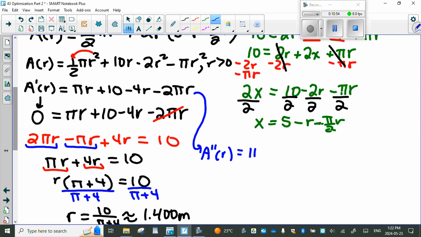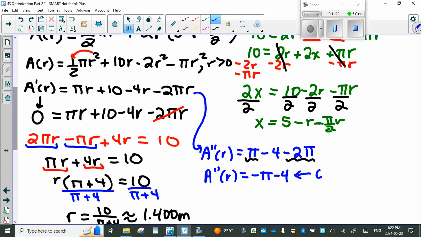And it's going to be pi minus 4 minus 2 pi. These are all just numbers, and these numbers I can combine. So f double prime at r is pi minus 2 pi, which is negative pi minus 4.